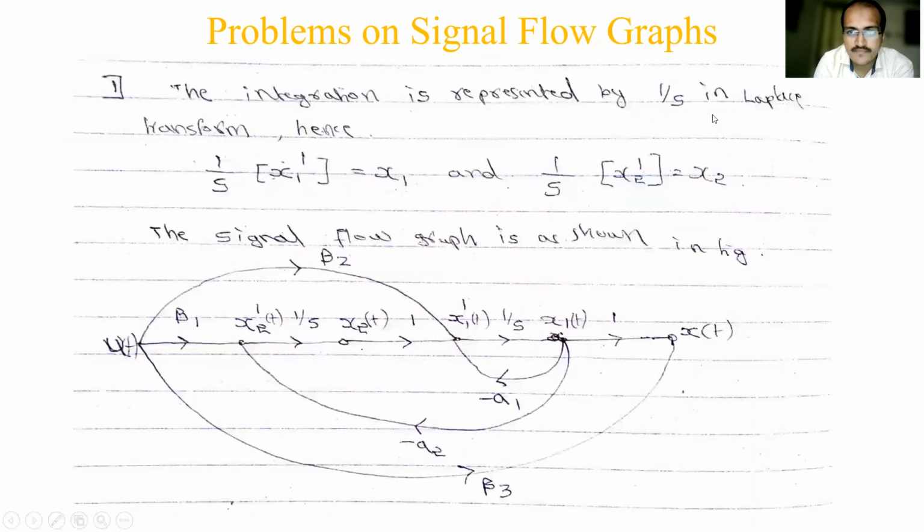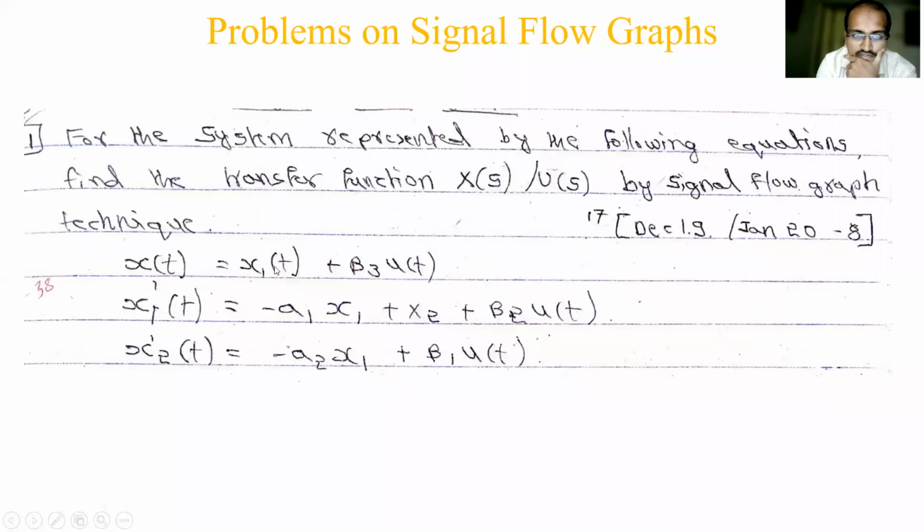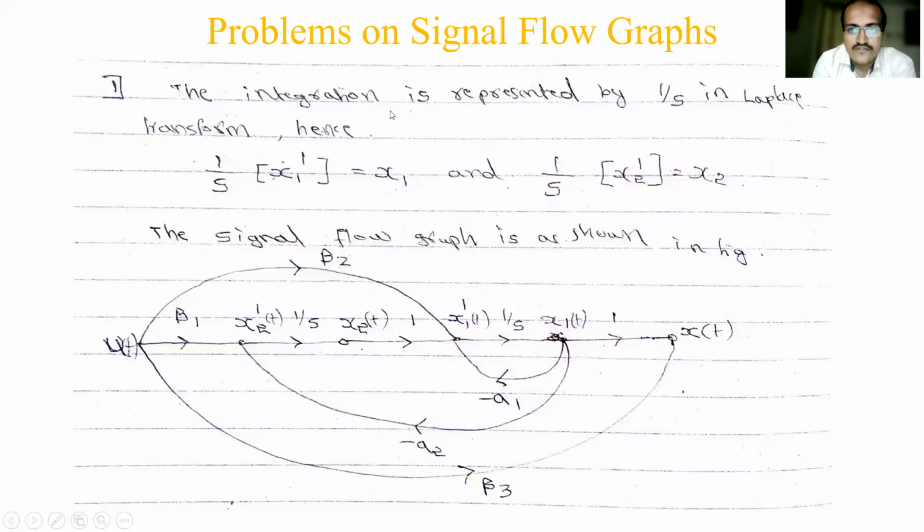Integration is represented by 1 by s in the Laplace transform. Hence, we write the Laplace equations directly: x of t is x of s. Differentiation is multiplied by s, and integration is 1 by s.